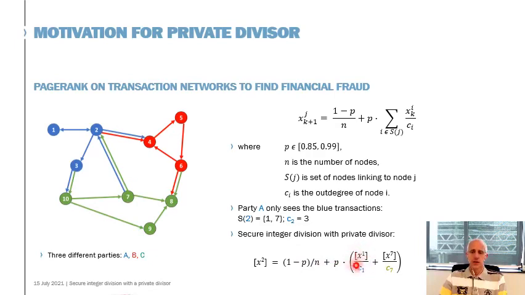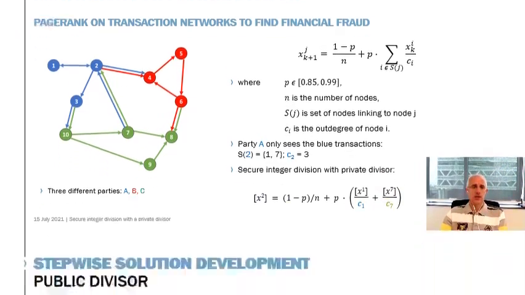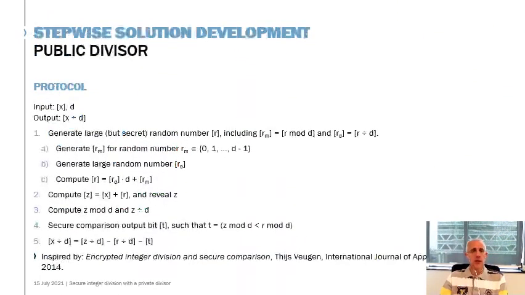It's the secret shared value of the PageRank value of the first node divided by a constant which is only known by the blue party. It's the out degree of node 1. And here the same with node 7. So here is an example of private division, but there are more examples for that.